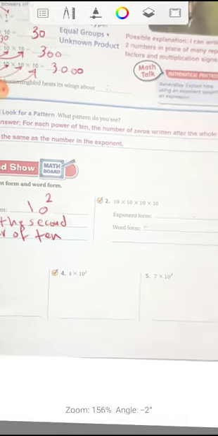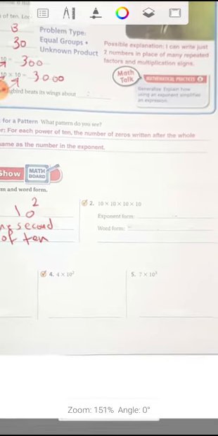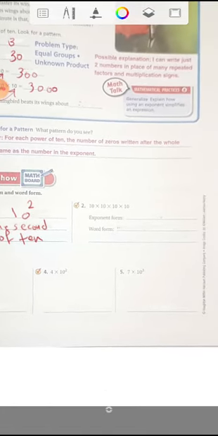Now let's move to exercise number 2. For the exponent form, first I write the base, which is 10. Then I find the exponent, the number of repeated factors, 1, 2, 3, 4. So it will be 4. Now, for the word form, first I mention the power or exponent, then I mention the base. So it will be the 4th power of 10.